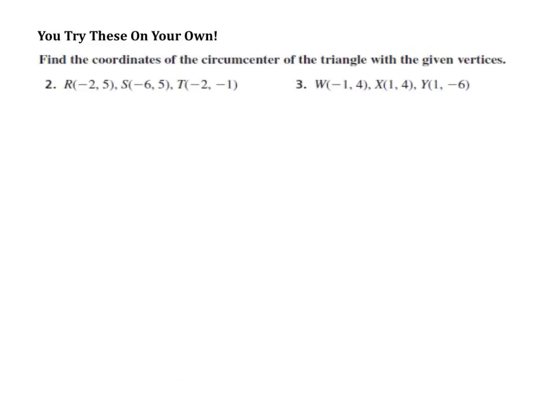All right, take a moment to pause the video and try these on your own. Find the coordinates of the circumcenter of the triangles with the given vertices. You've got two examples that I want you to try. It will take you a little bit of time, so try these on your own and then unpause the video to check your answers.